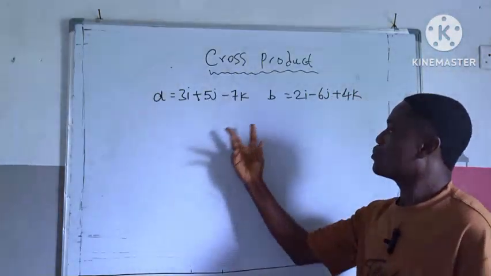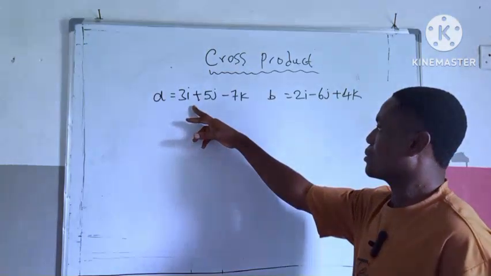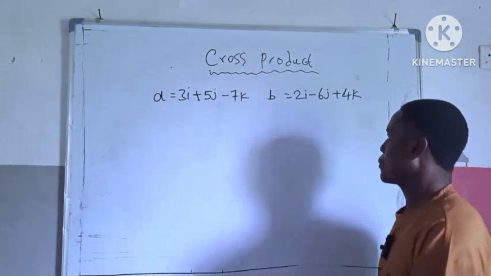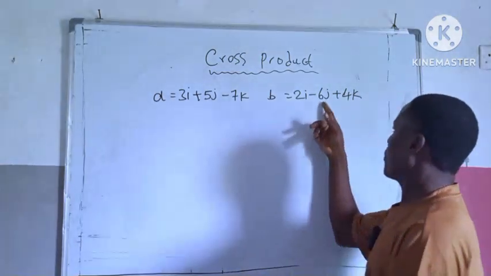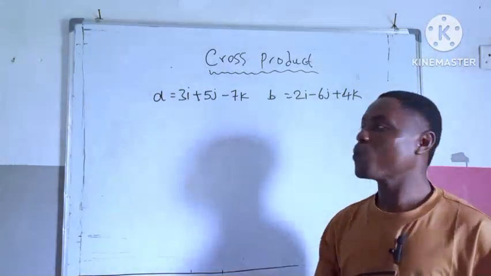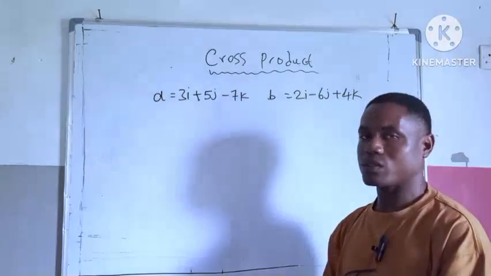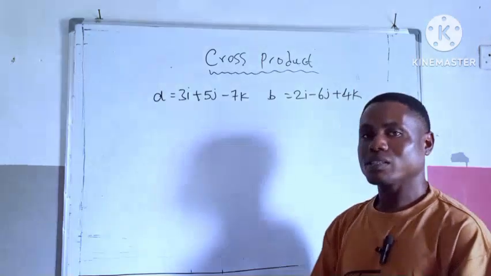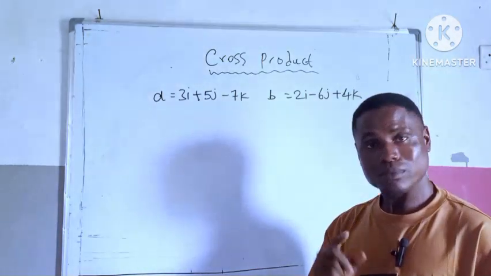Okay, so we are given 3i plus 5j minus 7k, and 2i minus 6j plus 4k. And you are asked, what is the cross product of these vectors? This is the first thing to do.